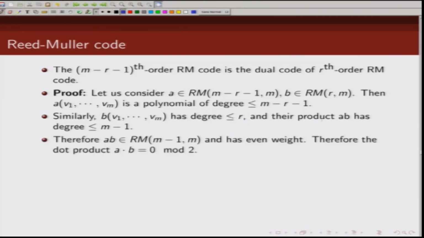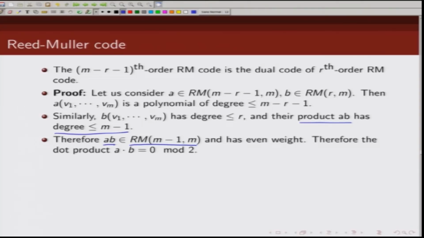So, if we consider their product, then this will be a polynomial of degree m minus r minus 1 plus r. So, that would be of degree less than or equal to m minus 1. So, then this product A and B will belong to a Reed-Muller code of order m minus 1, and this is of length 2 raised to power m.